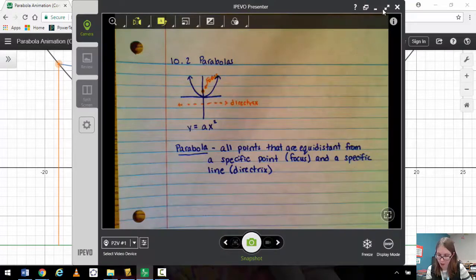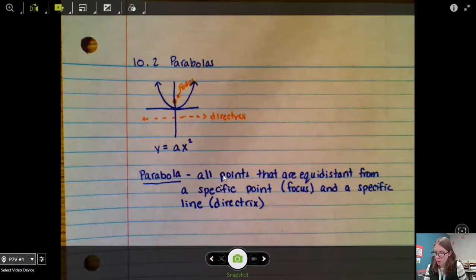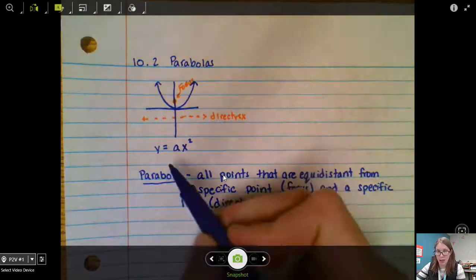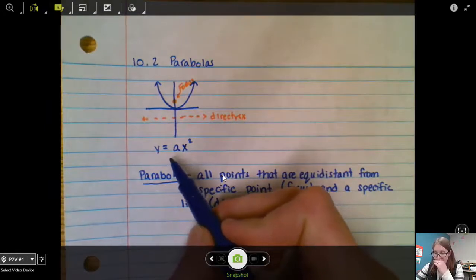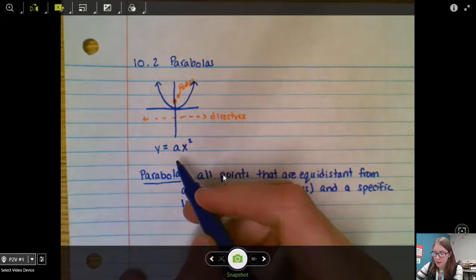Back to my paper here. So going off of our equation again, we have thought of our equations as being y equals some number times x squared.